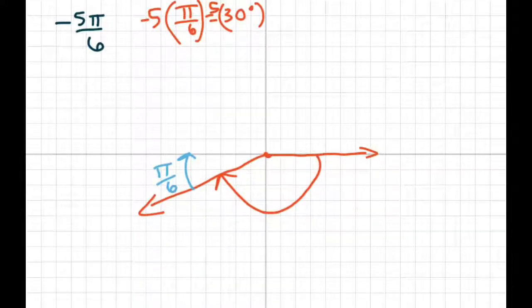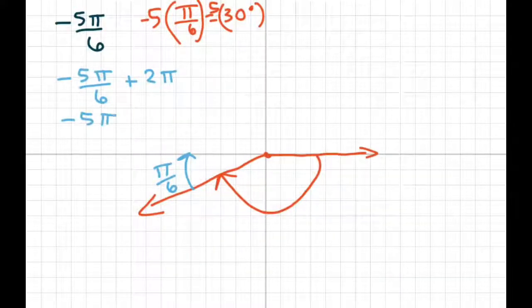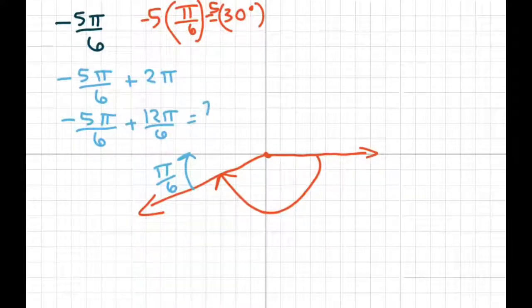All right? Now, using the formula for quadrant 3, the first thing you'd want to do is probably make this coterminal. So you're going to add 2 pi, and you have negative 5 pi over 6 plus 12 pi over 6. That gives you 7 pi over 6.